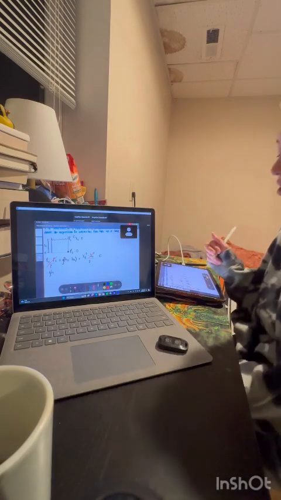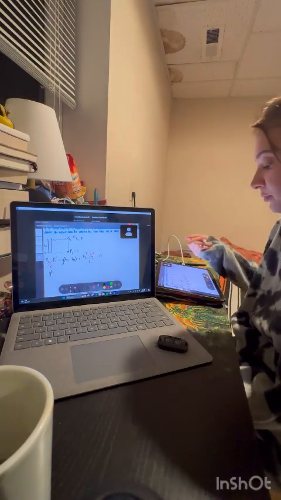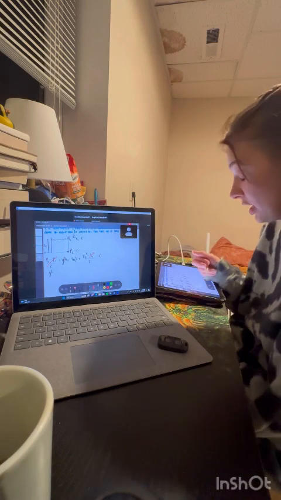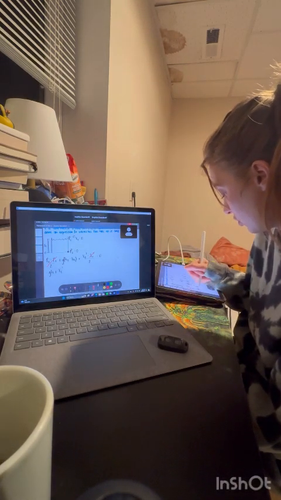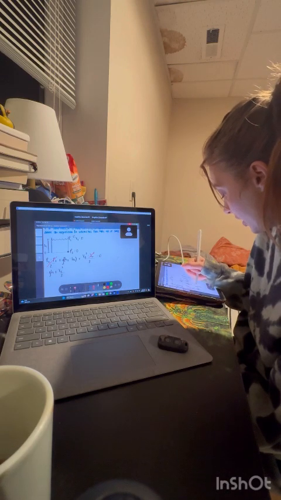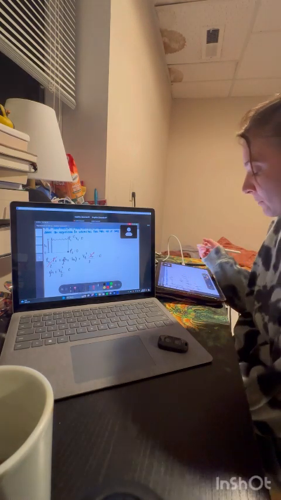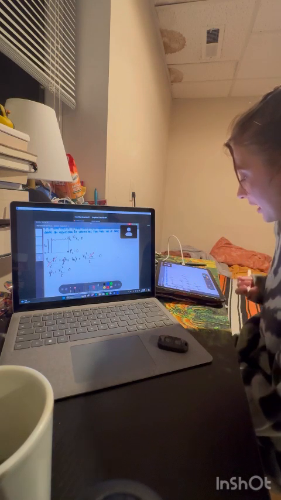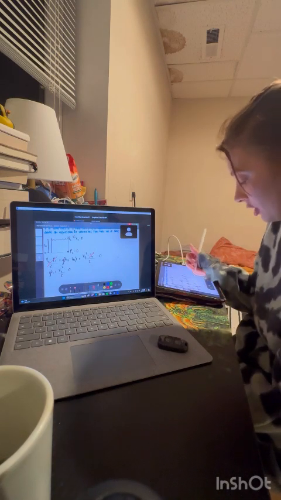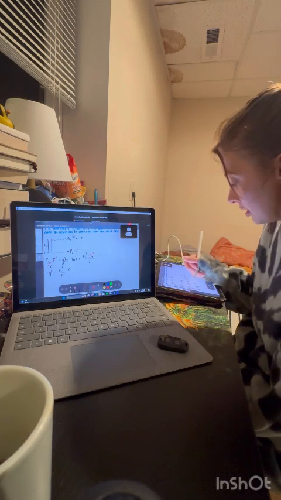Negative GH will be the negative change in height times gravity, plus our V2 squared over 2 is equal to 0. From here, we can just go through and solve for our velocity.